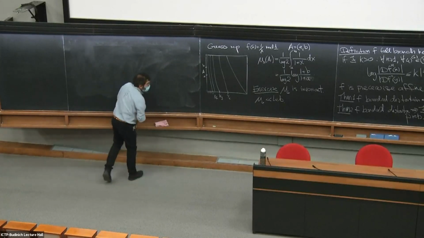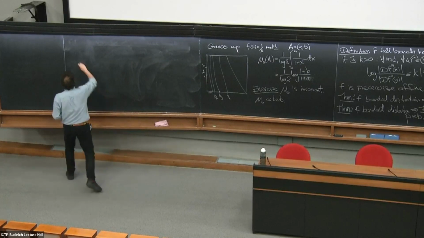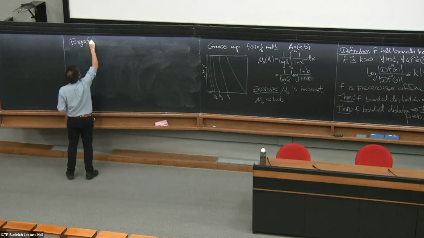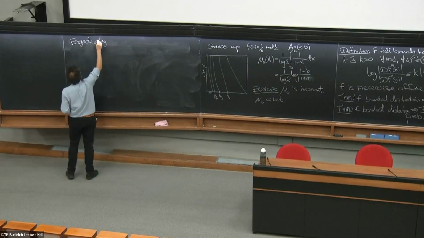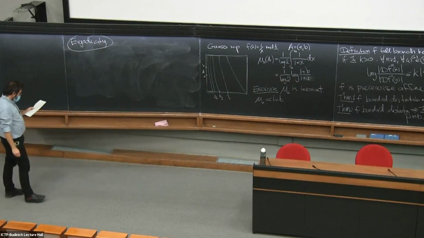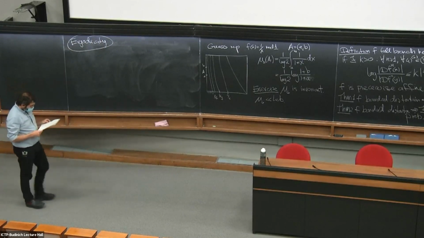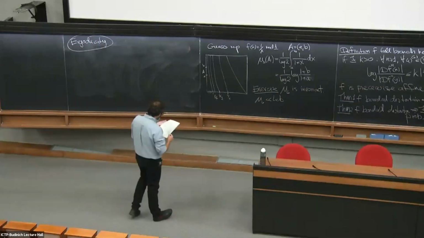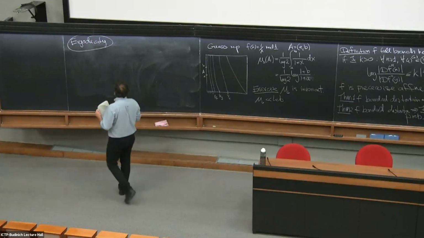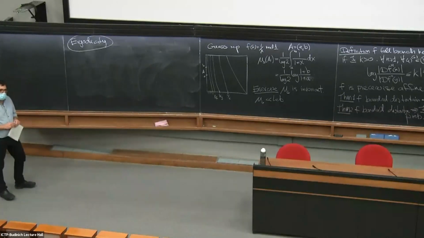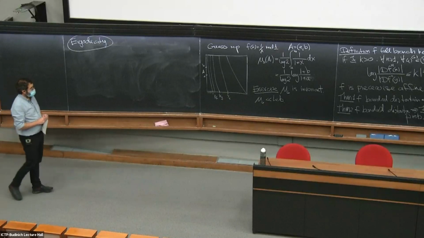How do we show that Lebesgue measure is ergodic? We really want to repeat very closely the argument for the piecewise affine maps.